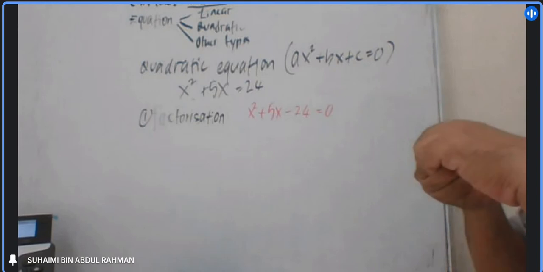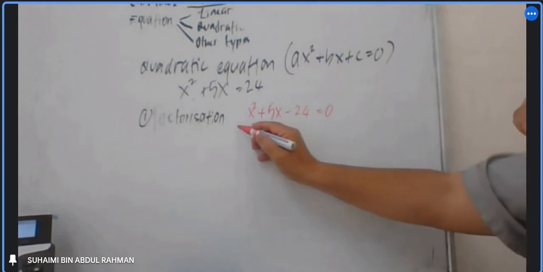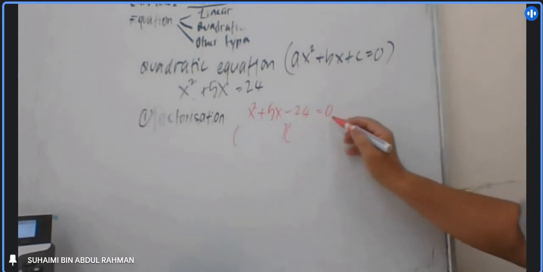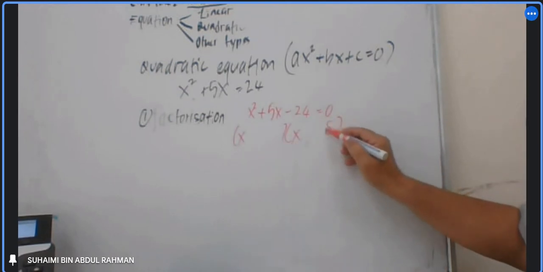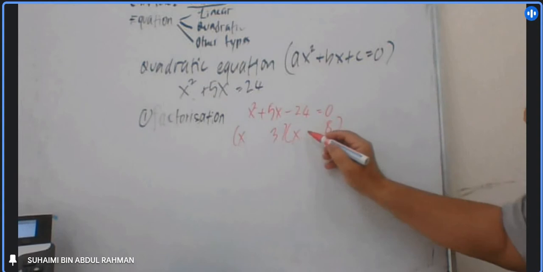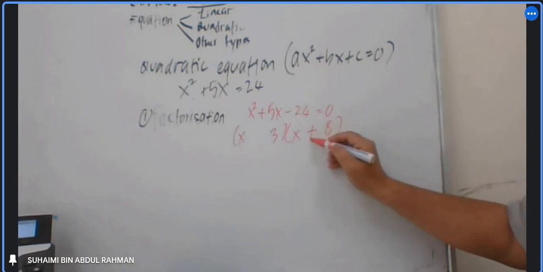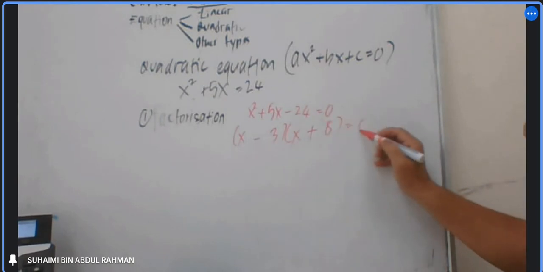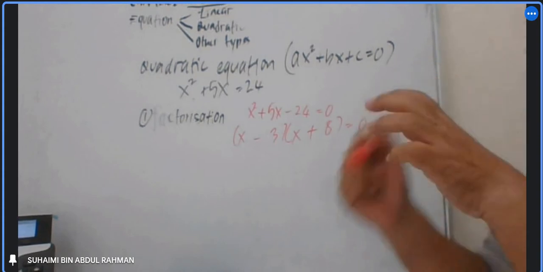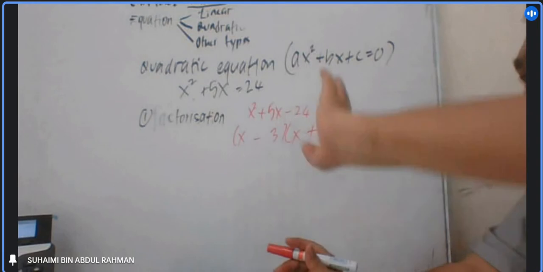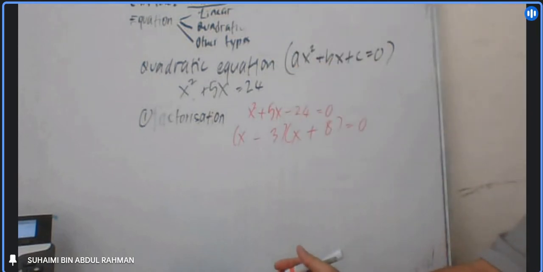And definitely by using the modern calculator now, we can have the values straight away after we factor: 8, 3, plus minus. We have the value straight away here. We're using the modern calculator now, right?